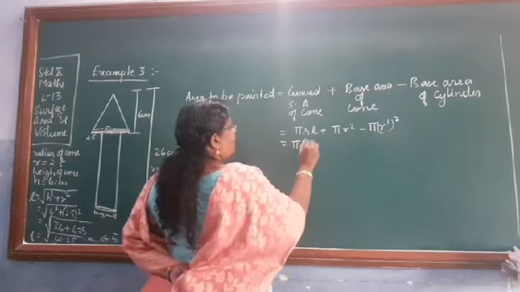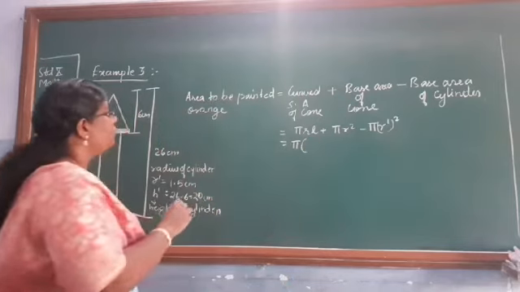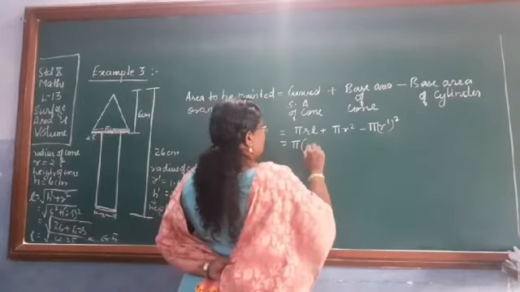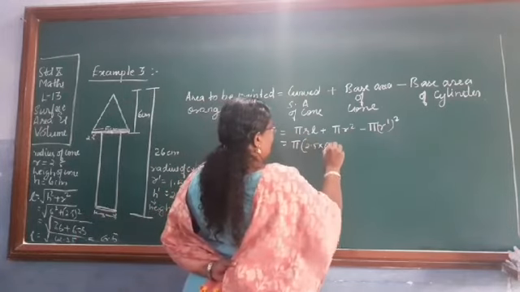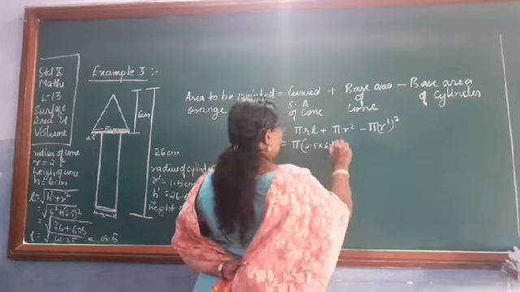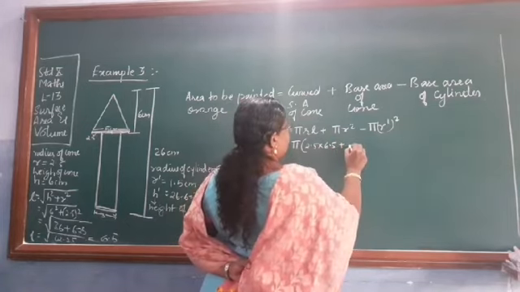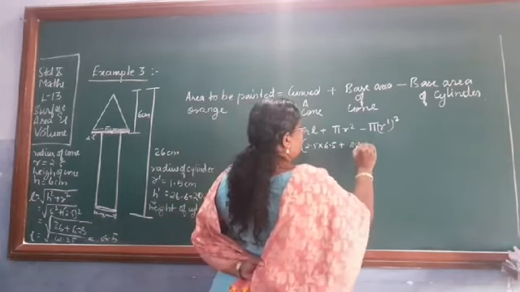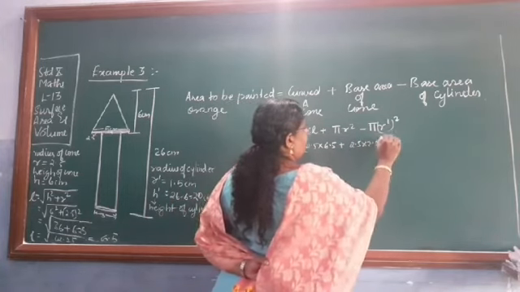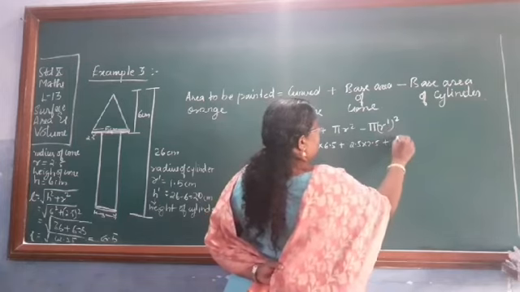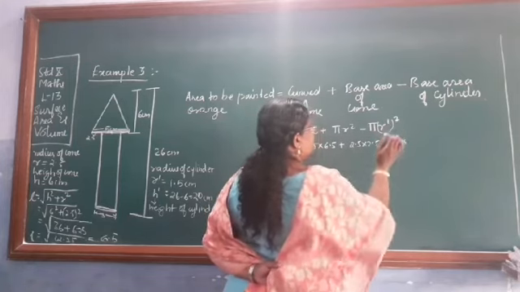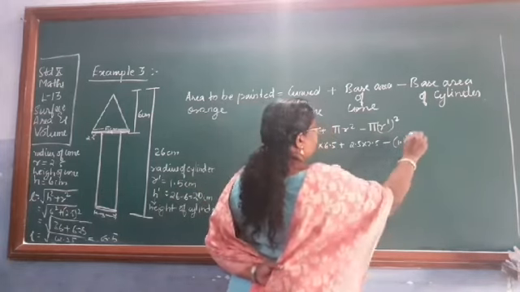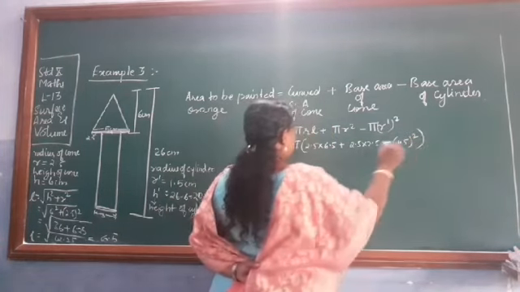Here r for the cone, the radius of the cone, is 2.5 into L, which we got as 6.5, plus r square, that is 2.5 into 2.5, minus r dash, that is 1.5, the whole square. This is how you get it.